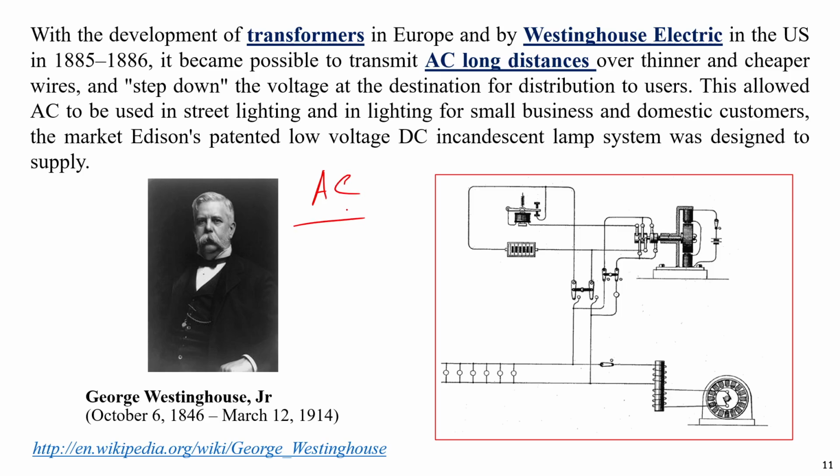You know why we are using the AC system? Why not DC? Do you know the difference between DC and AC? The voltage of a DC system is just constant, right? Just 12 volts or 24 volts, whatever.